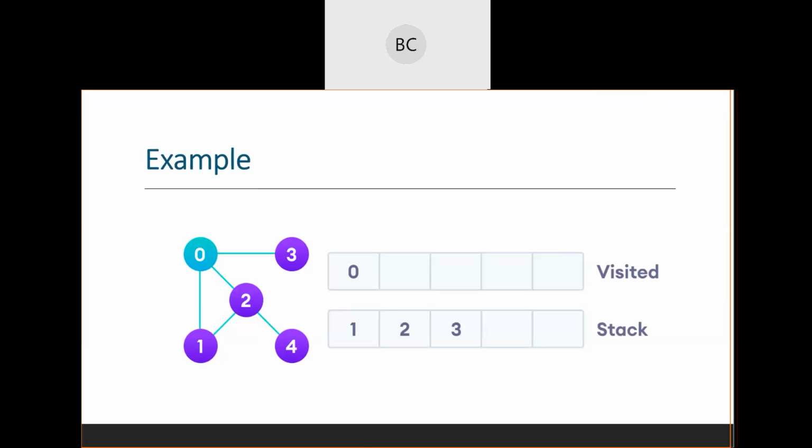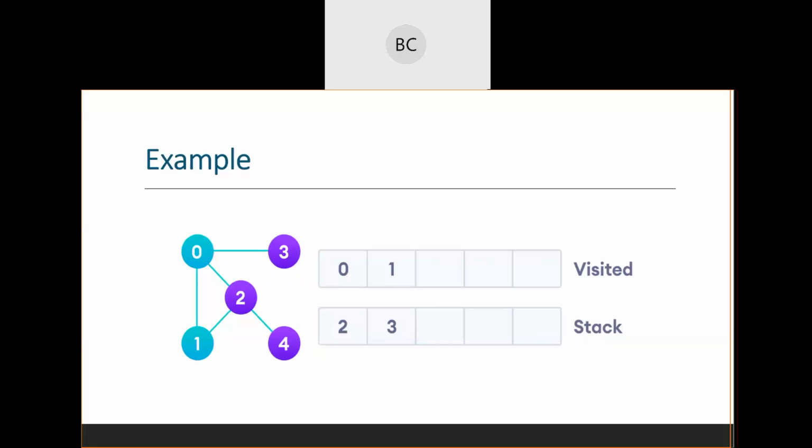Okay, this is a bit different method because it also depends on the program you used. So just stick to one, actually, just push one. Okay, just this one you can check, it's fine. So from here you can go to 1, 2 and 3 is still in the stack, so next you are going to visit 2.